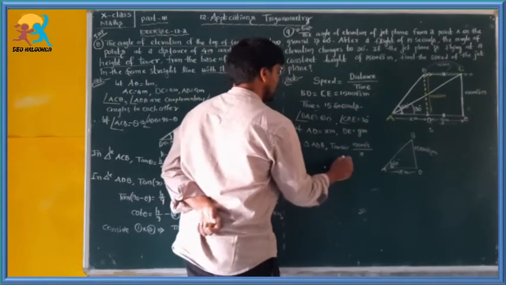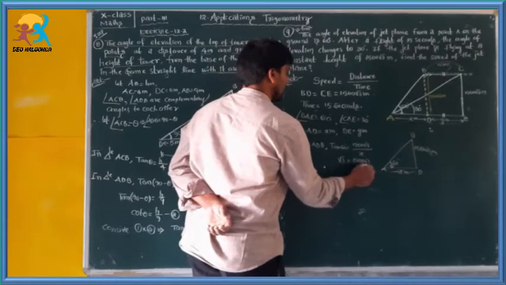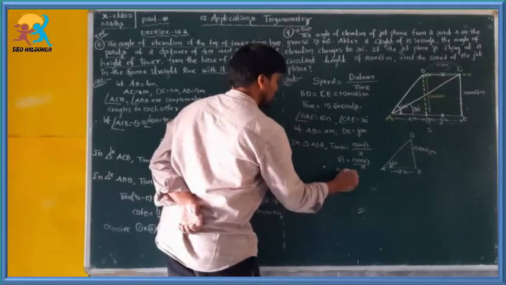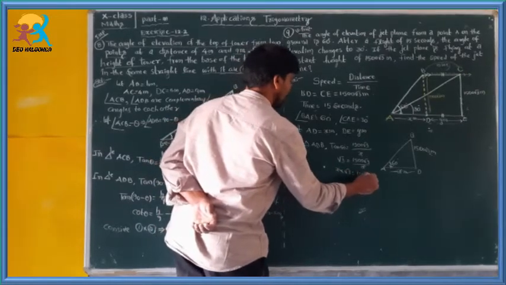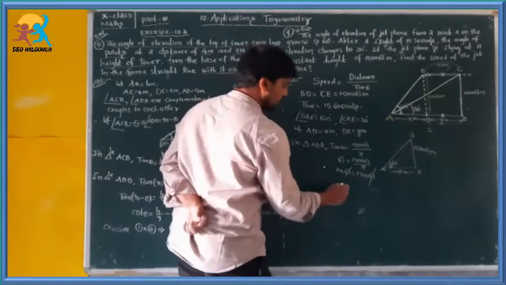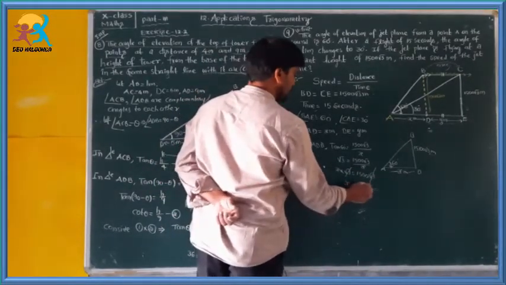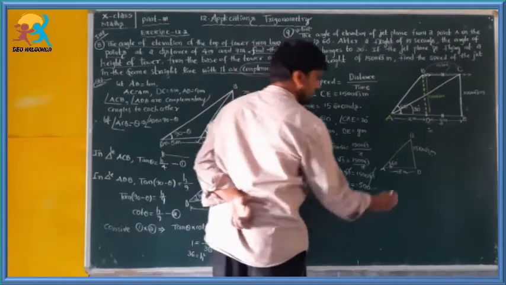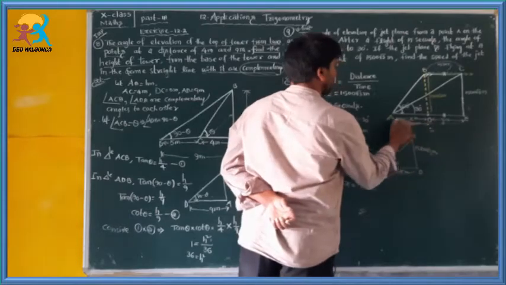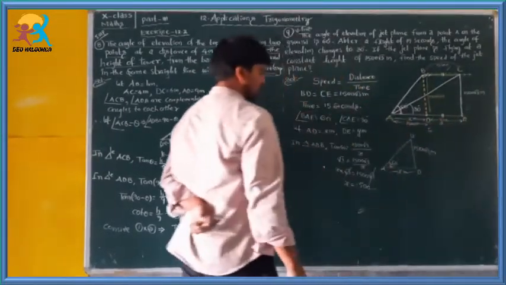Tan 60 is root 3, equal to 1500 root 3 by x. x into root 3 equal to 1500 root 3. Equal terms get cancelled on both sides. So what we get? x equal to 1500. Yes, the x value is 1500 meters, the distance from A to D. But we need the distance from D to E actually.